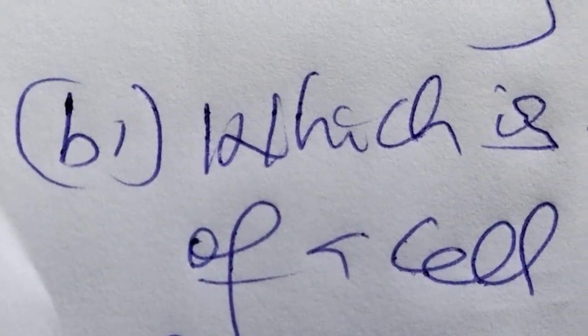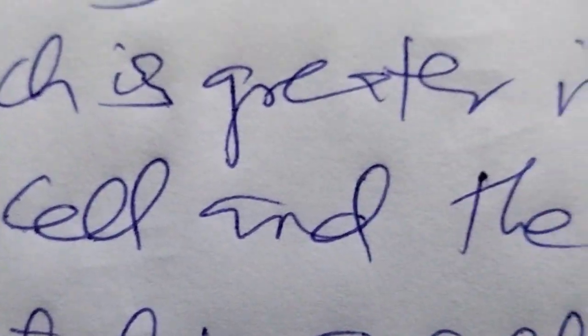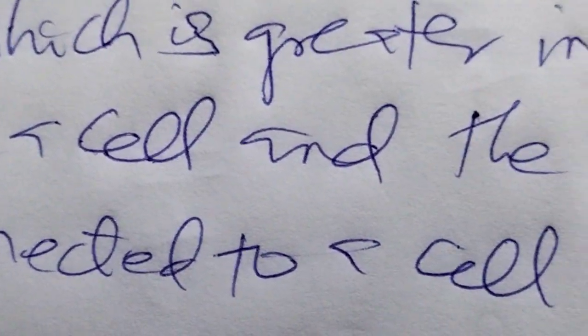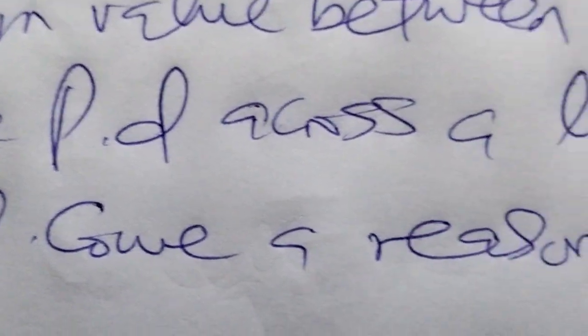We now go to number 3B, which says, which is greater in value between the EMF of a cell and the potential difference across a load connected to a cell? Give a reason for your answer.